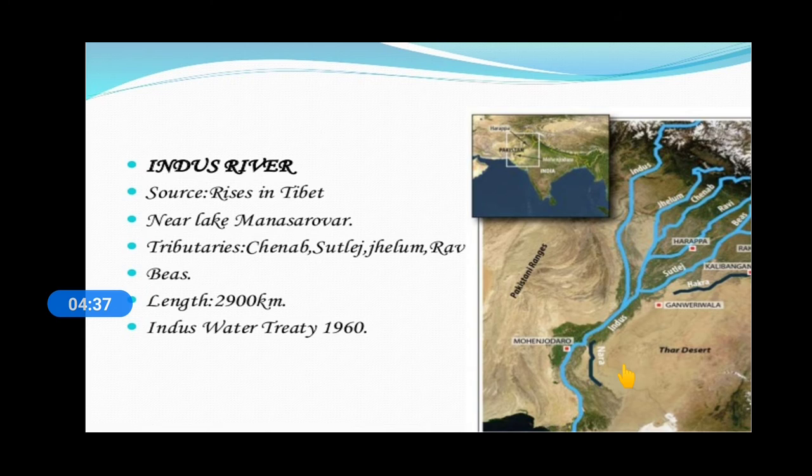Now what are tributaries? In the different areas they reach, the name becomes different. See, from here it starts and it divides its road from here to here. So the way it goes, the name of the river changes. Here it becomes Jhelum, here it becomes Chenab, Ravi, Beas. You can see the Satluj and many other names.